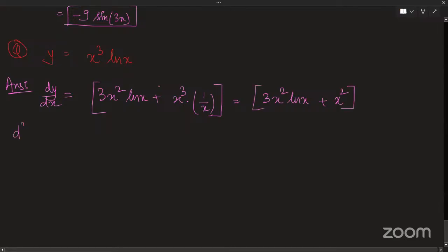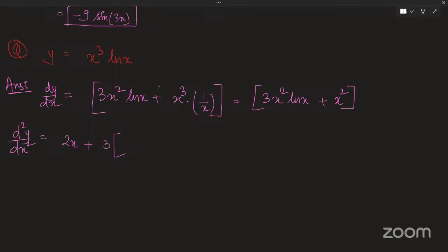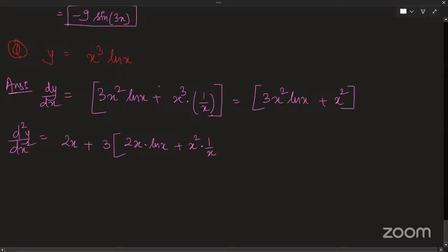Again, I ask you to differentiate dy by dx now. So you have got x square. Let us do that first. It will be 2x plus, now you have got 3 into x square into ln x. What is the derivative of x square into ln x? How will you do it? Sir, it could be only product rule. Yes, great. Product rule. You differentiate your first function, keep second as it is, plus keep first as it is, differentiate your second function, 1 by x.